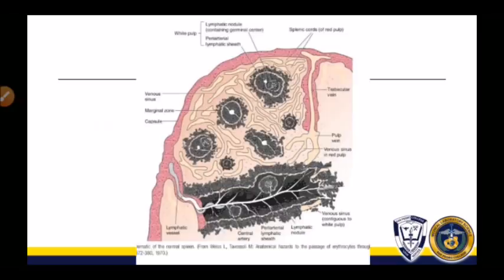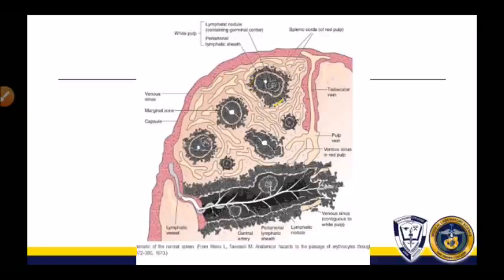So, let's look at the spleen. It is composed of two pulps, namely the white pulp, white but the color here is black, I think just so that the area can be seen. So, this is the white pulp. In the white pulp happens the antibody production.